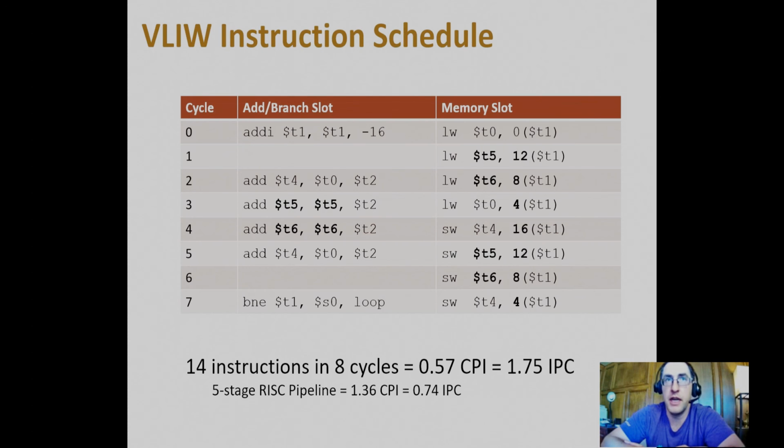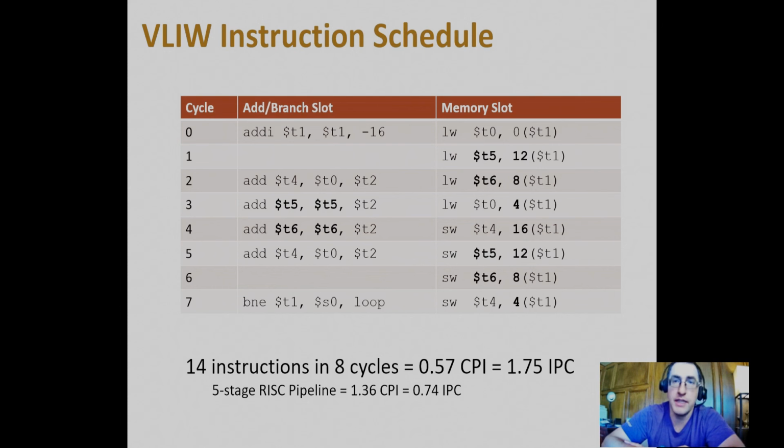And then we use different names. We're using T5 and T6 so that we can issue multiple loads before we use their results. So we're going to load word into T5 instead of T0 and load word into T6 instead of T0, because we need to keep T0 around until we use it in the add in cycle 2.